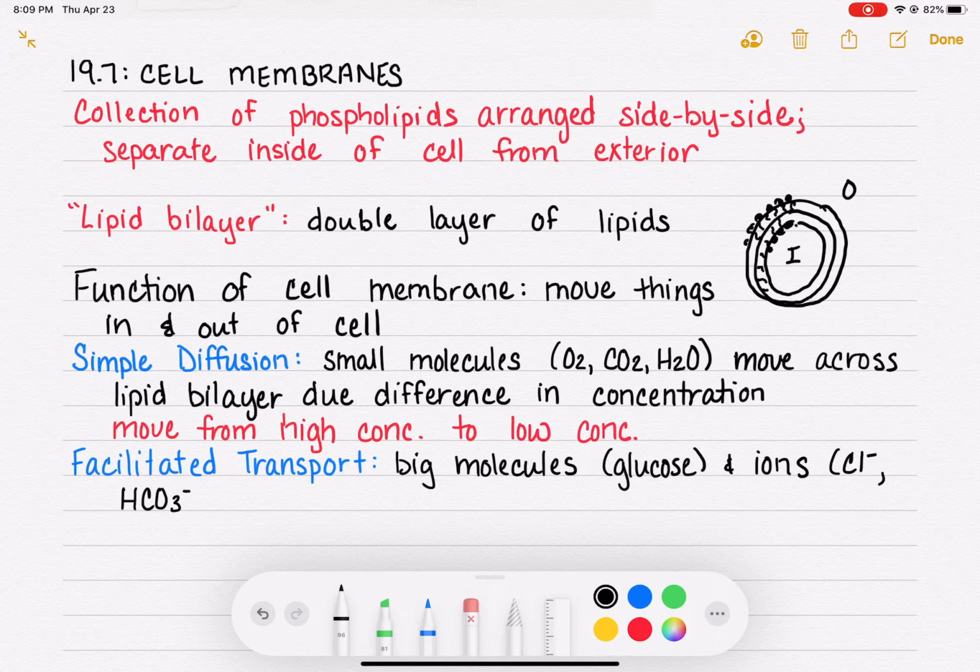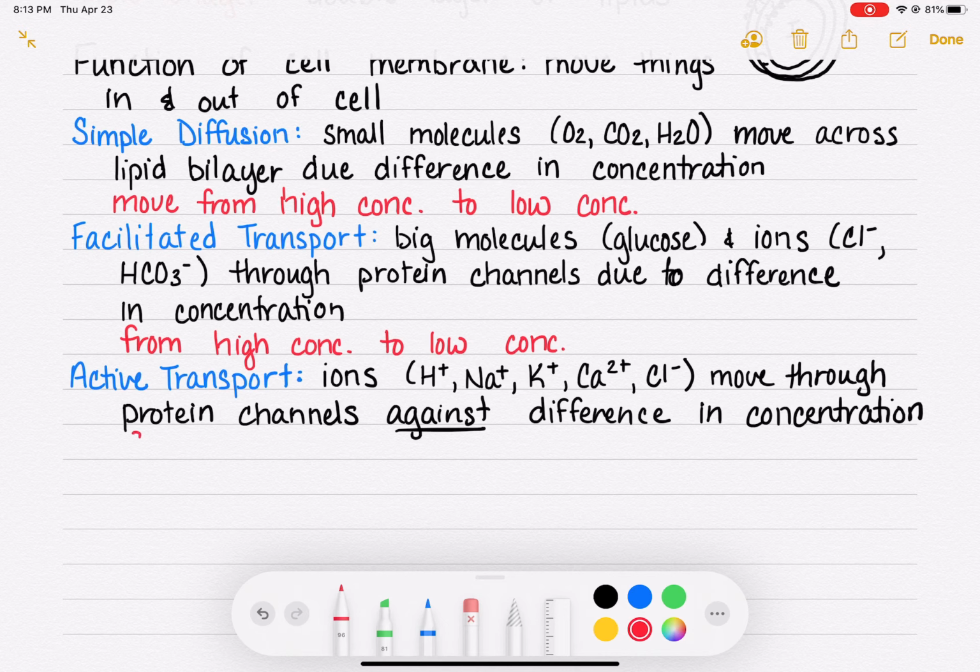So this is a really different situation. This would be a situation where a cell needed something inside, and even though the concentration inside the cell was greater than the concentration outside of the cell, it still needed to move that substance into the cell. So here we are moving from a low concentration to a high concentration.